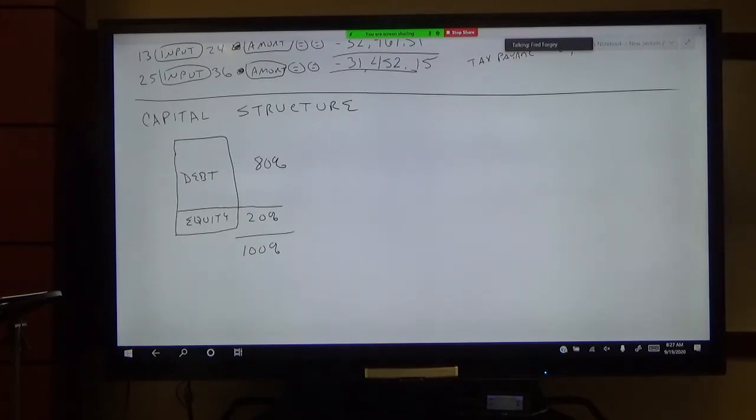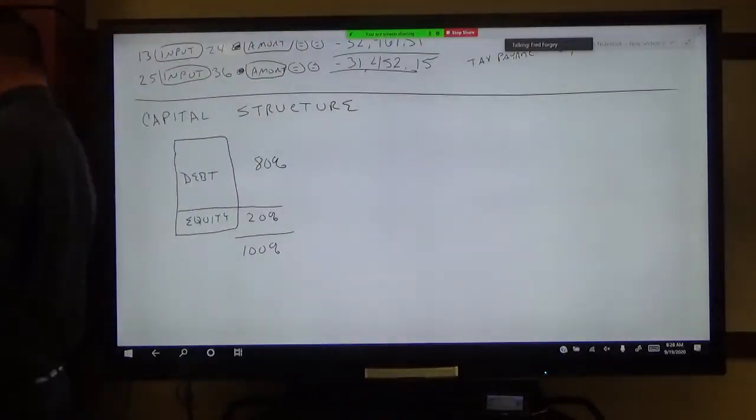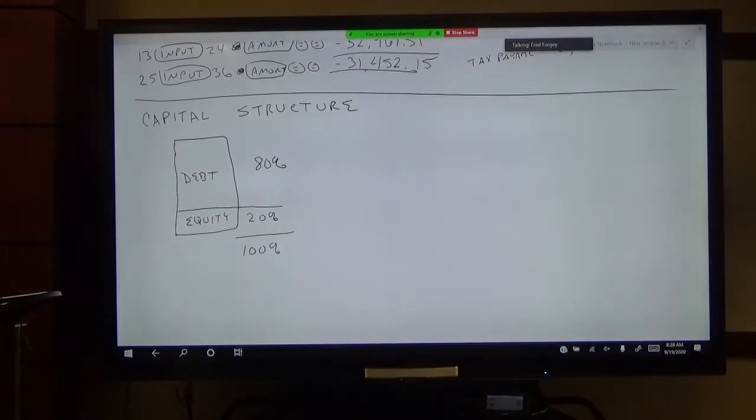Now, as we get deeper into this, especially in the investments course, you'll learn that money could be coming from sweat equity. It could be coming from price appreciation and the value of the property and a variety of other sources. But we'll get into that later. Right now, let's say that we've got a project, and this is our capital structure.